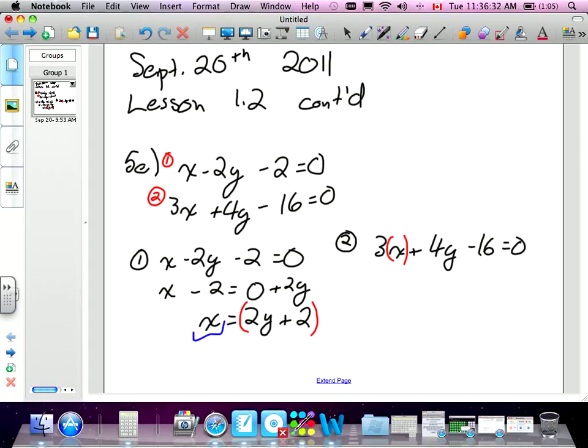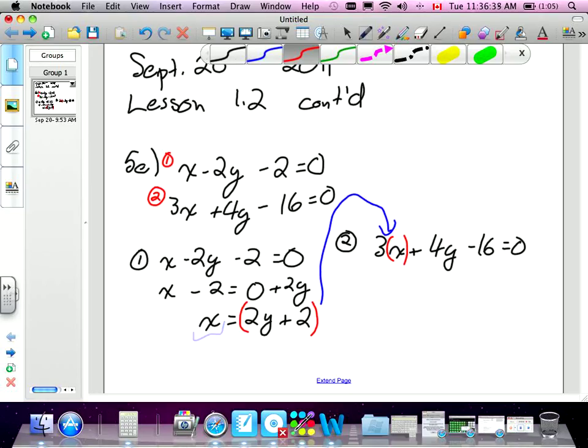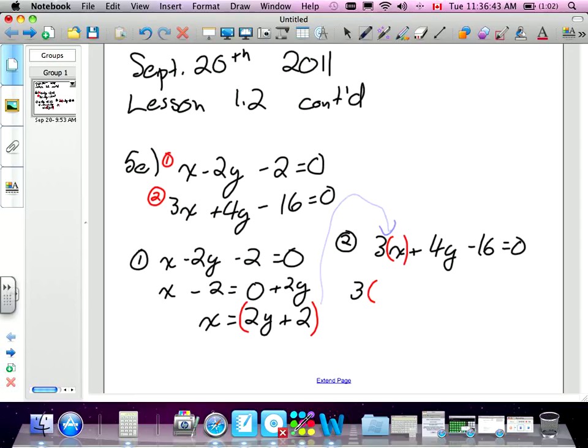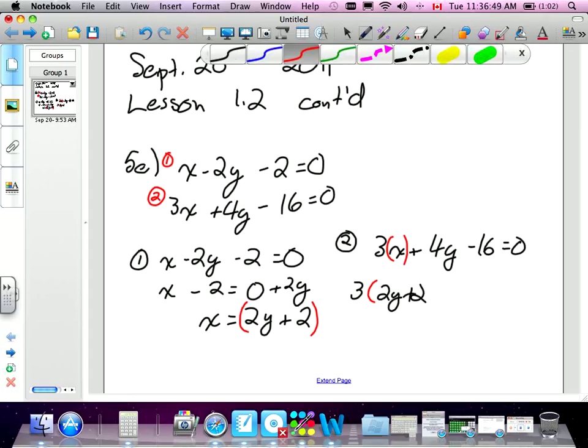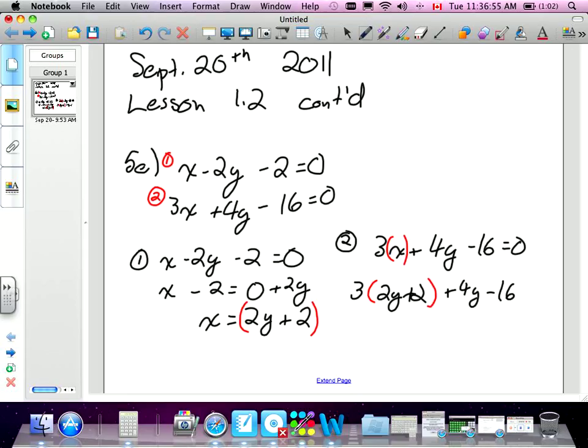So since x is equal to that, I can substitute this in for the x in the other equation. So let's plug it in now. We get 3, I'll do it in red brackets there, 2y plus 2, plus 4y minus 16 equals 0.